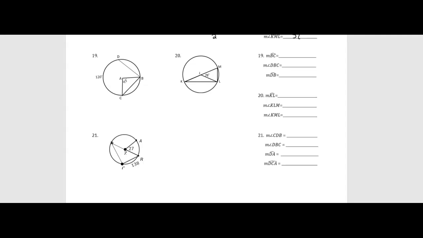21, let's see. Okay, yeah, a little trickier one. Let's fill in what we know. That's 27, so we know this arc here is 27. If you also notice, this is C, got kind of cut off a little bit, B, and then that's D over here. Let me just mark it over here.